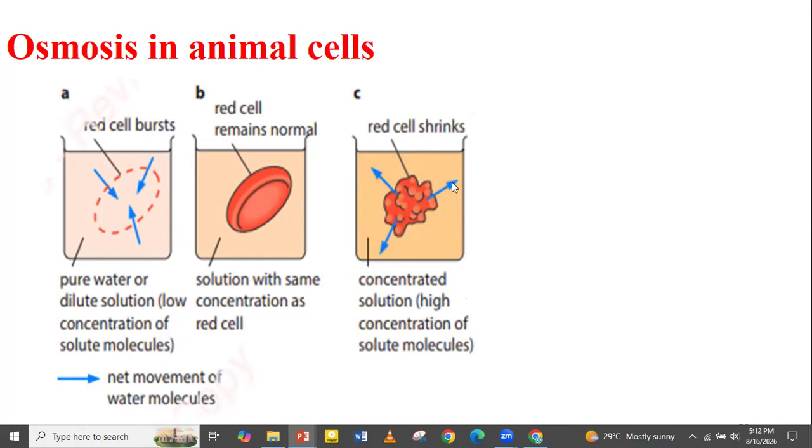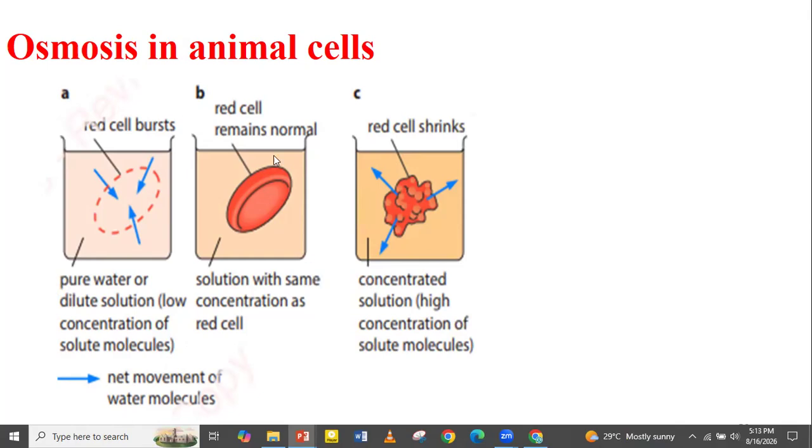We are going to have net movement of water from the cytoplasm of the cell into the solution that has a lower water potential. And yes, the water molecules will cross the partially permeable cell membrane. Eventually, the cell is going to become shrunk because it has lost water.